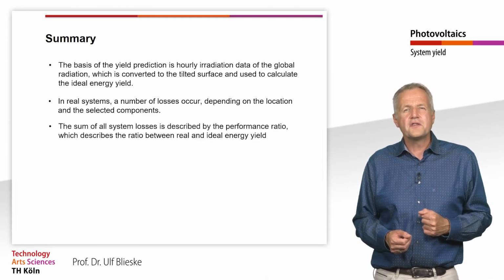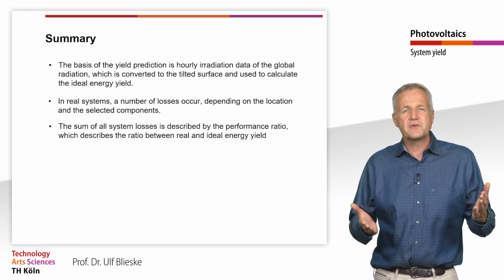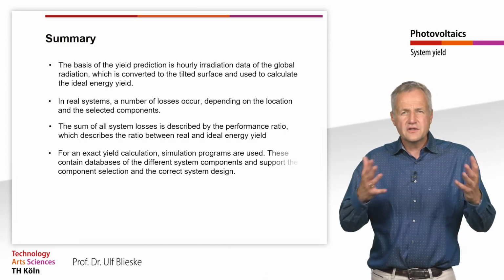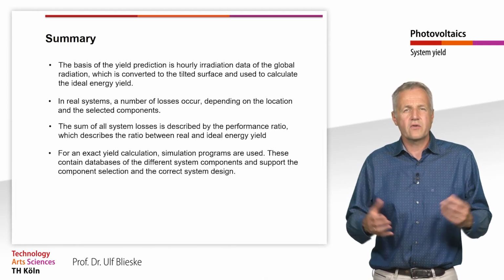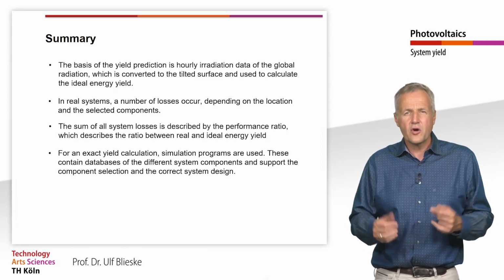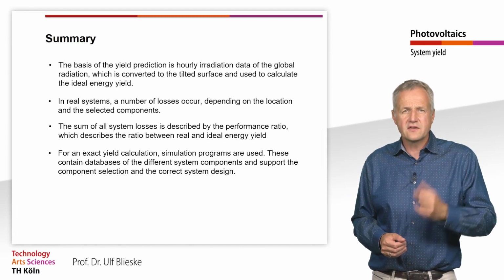The sum of all system losses is described by the performance ratio, which describes the ratio between real and ideal energy yield. For an accurate energy yield calculation, simulation programs are used. These contain databases of the different system components and support the component selection and the correct system design.